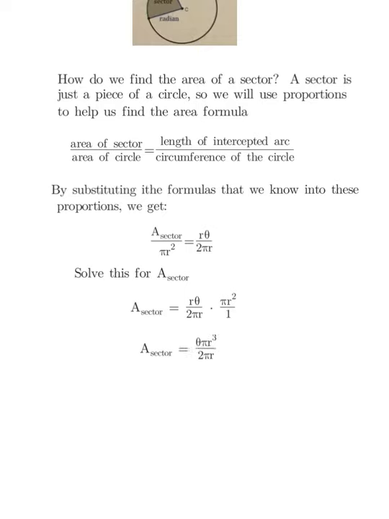If we do that multiplying, then we get theta pi times r cubed now in the numerator, and then the denominator 2 pi r.